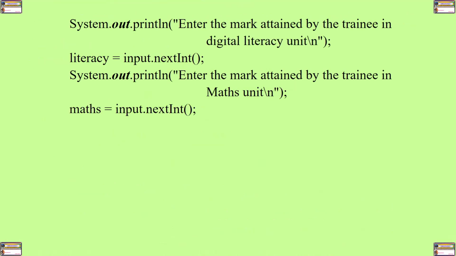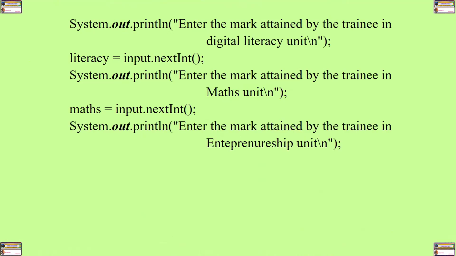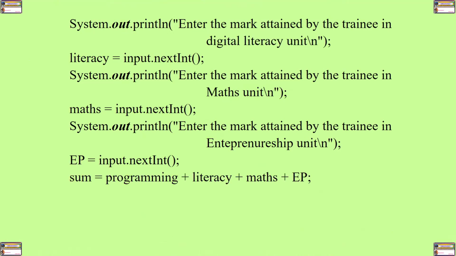It will be read through the object called input by the function called nextInt, and the value received will be stored in the memory location called months. From there, the translator will display the message, enter the mark attained by the trainee in entrepreneurship unit. Then the value will be read through the object called input by the method called nextInt, and that value will be stored in memory location called EP.